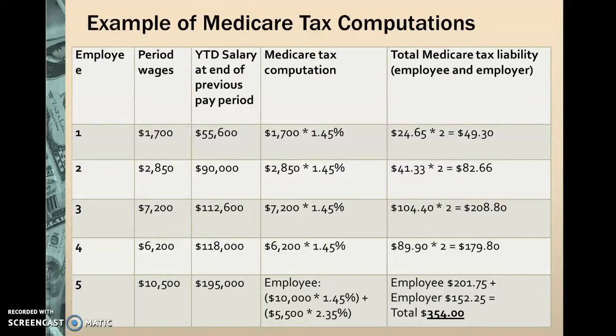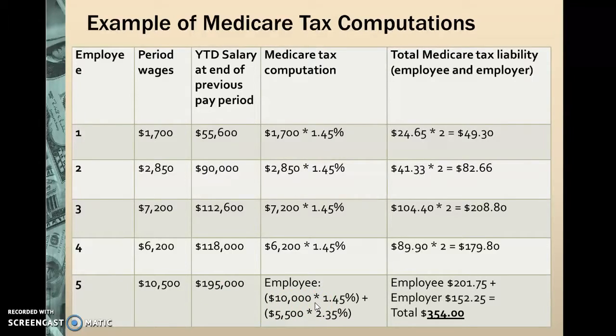Now, on employee number 5, as you notice, they already have earned $195,000. Remember, for Medicare, if you're over the $200,000, you are going to have to pay that extra percentage. So the employee would pay $10,000, multiply it by 1.45.